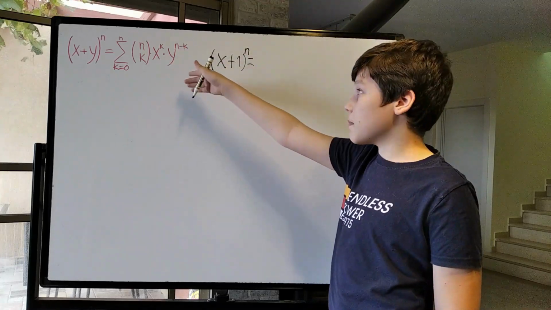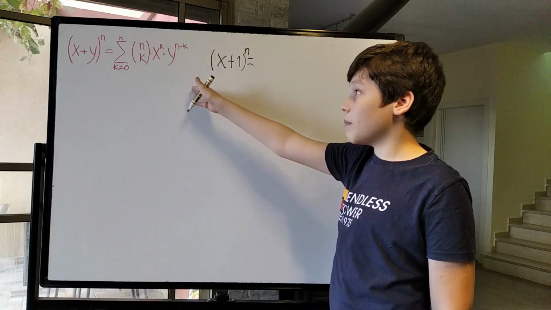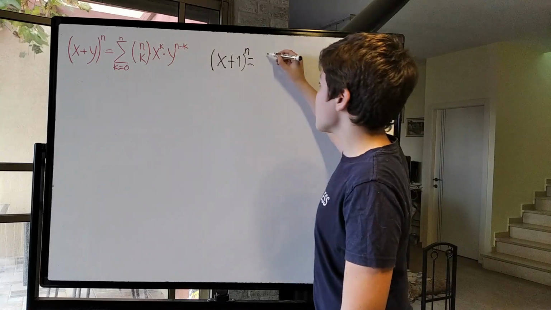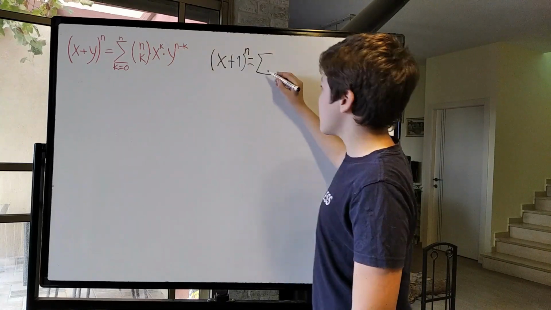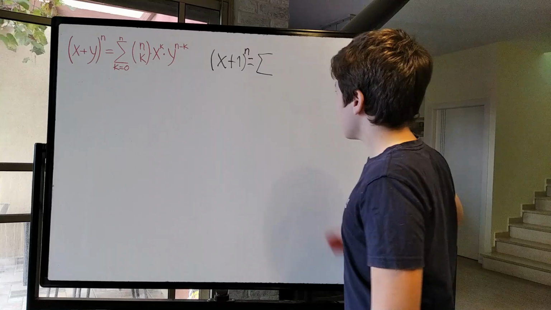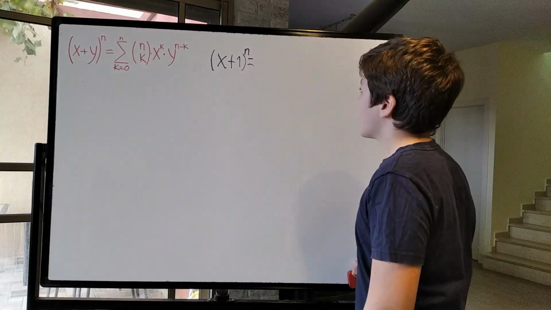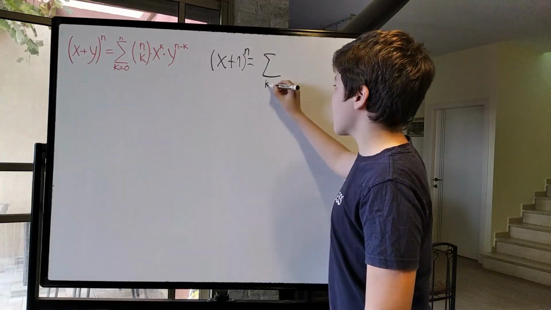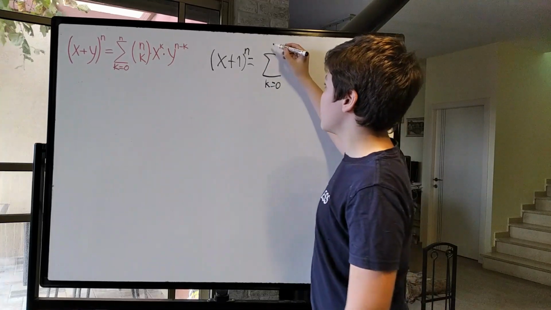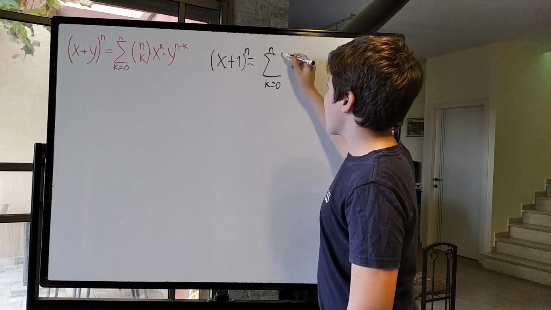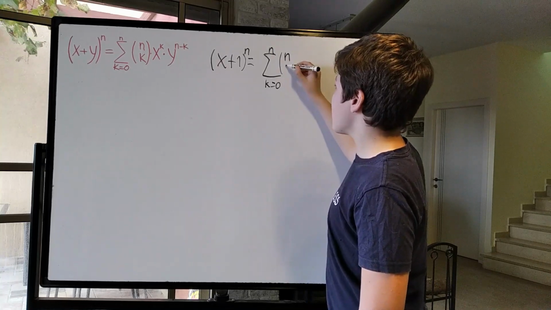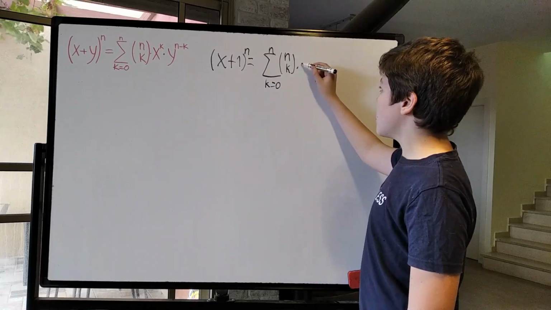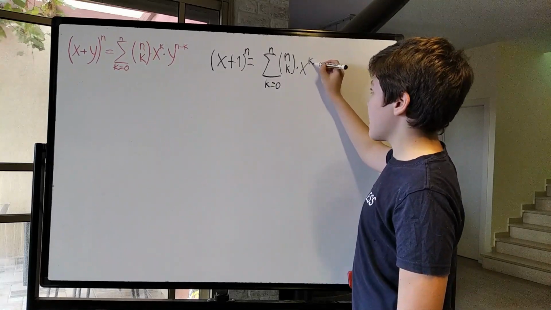We know that always is equal to 1. That's multiplied by something, so the entire y term just disappears. And we have left the sum as k goes from 0 to n of n choose k times x^k.